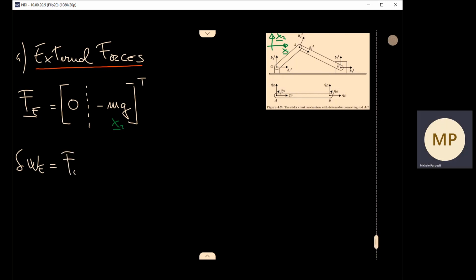If you remember the D'Alembert principle, it can be written as such: Fe applied over the virtual displacement of which point? Exactly, the center of mass, where the weight is applied, which we call PG. So this is our point G, center of mass.